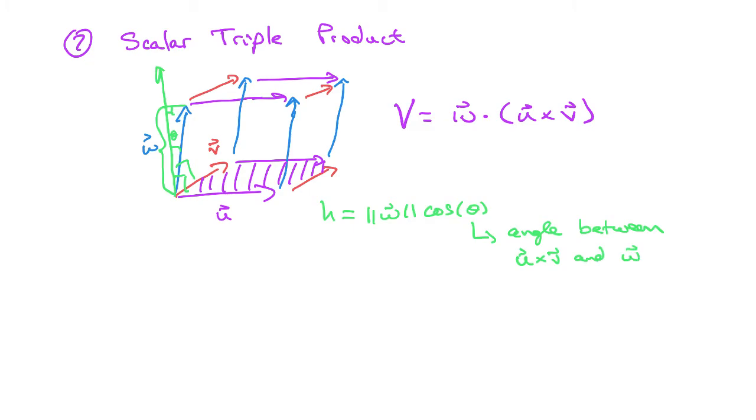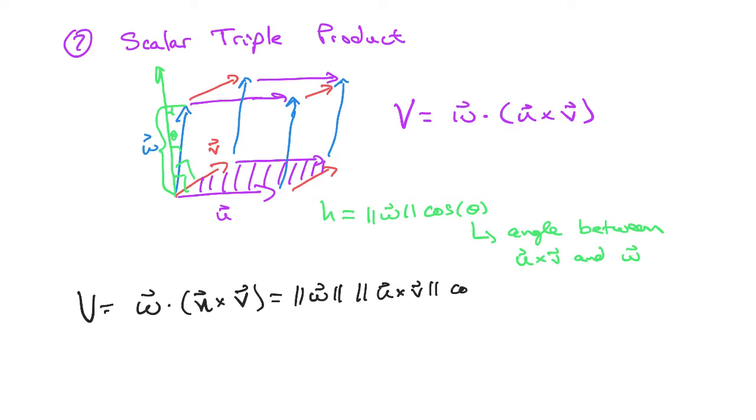And so what happens then, if we look at w dot u cross v, is that it is going to be equal to the length of w times the length of u cross v times the cosine of the angle in between.